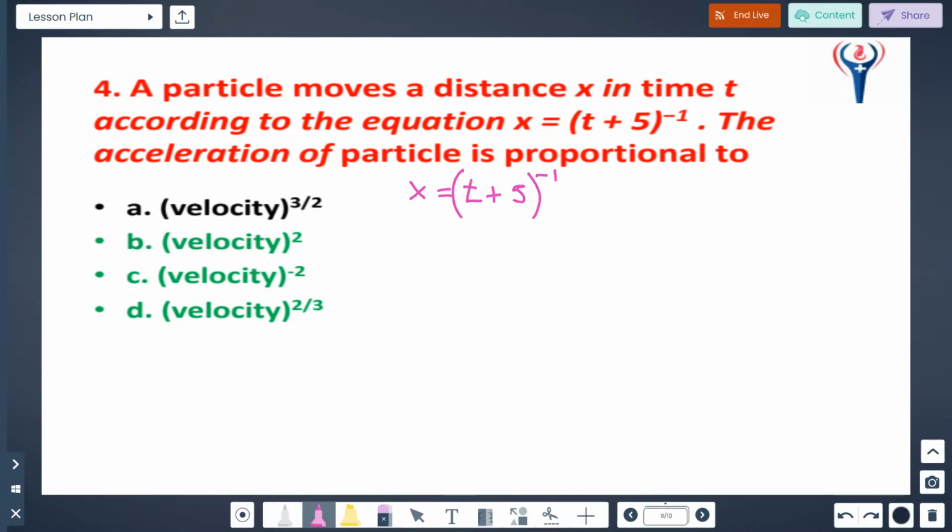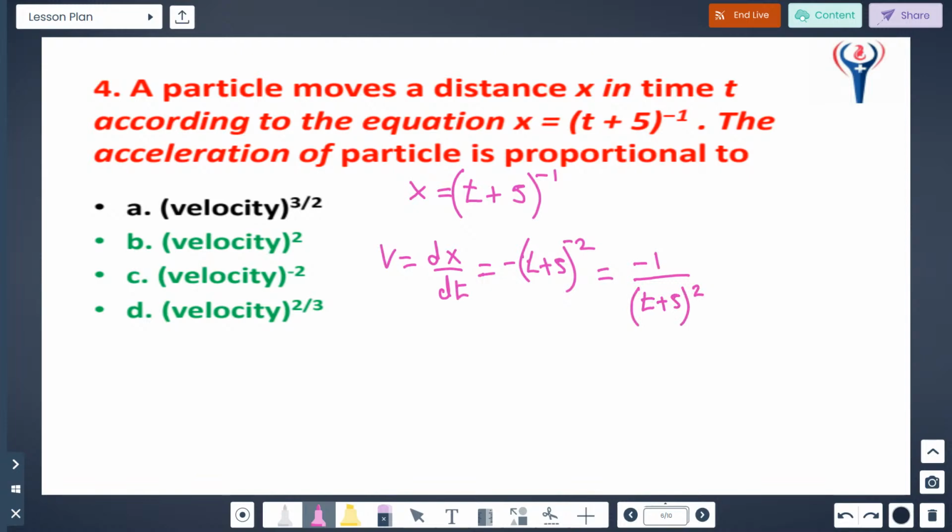Velocity equals the rate of change of displacement, v = dx/dt. If you differentiate this, you get -1 into (t + 5)^(-2), which is nothing but -1 divided by (t + 5)^2.